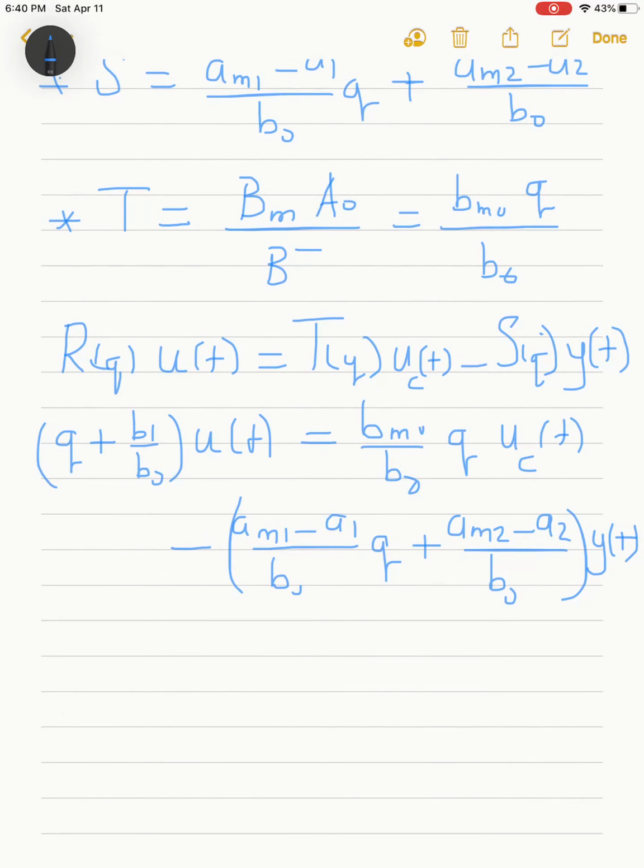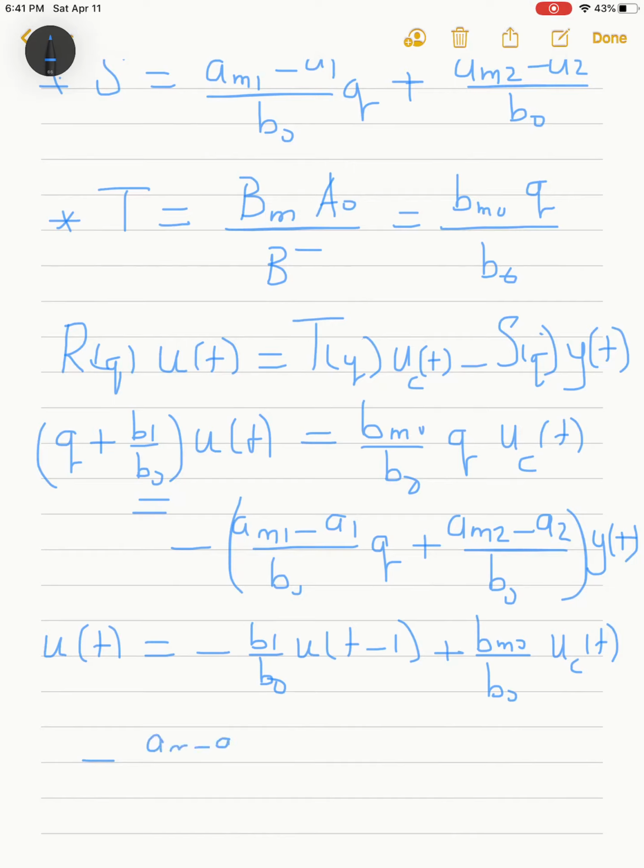So that will give me on the left hand side u of t equals, and then I will move this term to the right hand side of the equation, so it will be minus b1 over b node times u of t minus 1 plus bm node over b node times uc of t minus am1 minus a1 over b node multiplying y of t, minus am2 minus a2 over b node multiplying y of t minus 1.